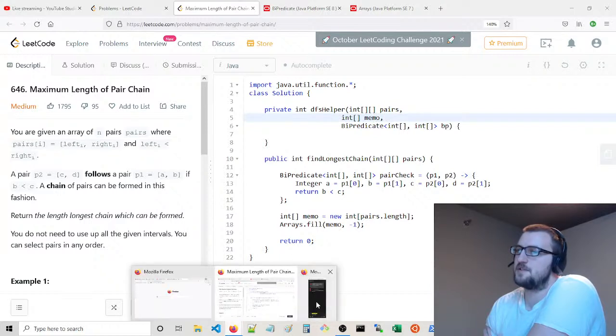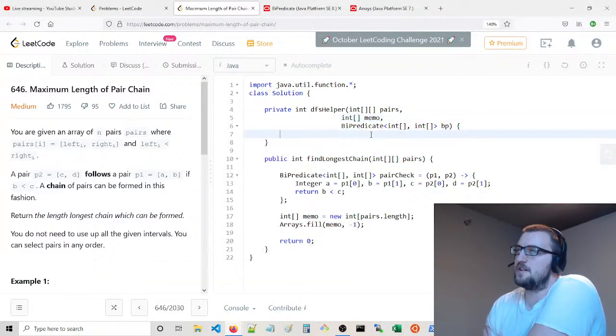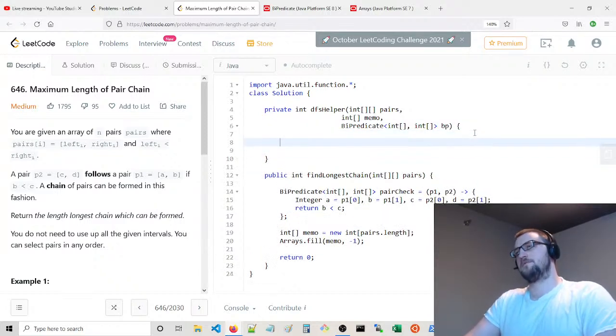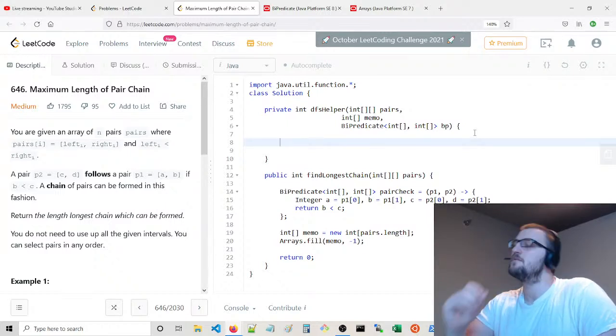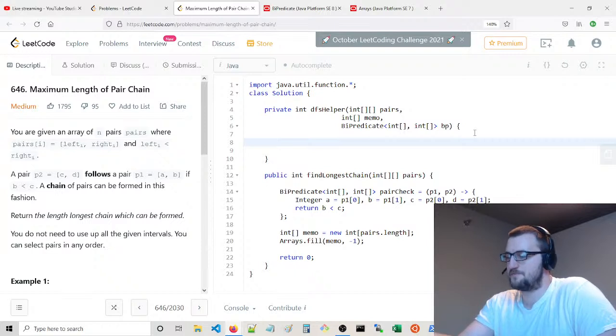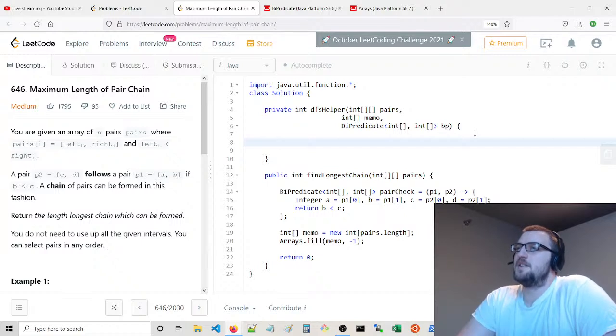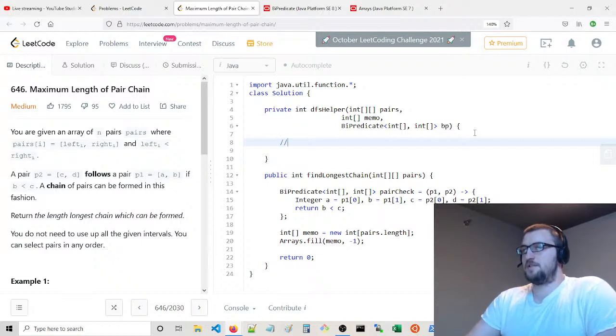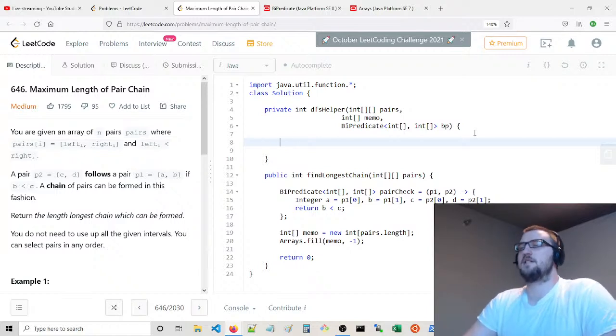I think that's fine. We don't need to sort first. I don't think we need that either, by the way. Maybe I do need a little more practice in Java. There are some awkward things here and there that I'm not super practiced in. So there is no base case, I think.